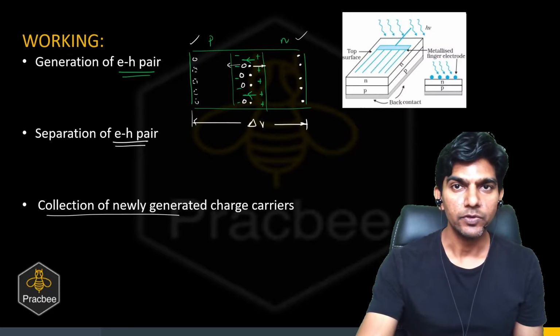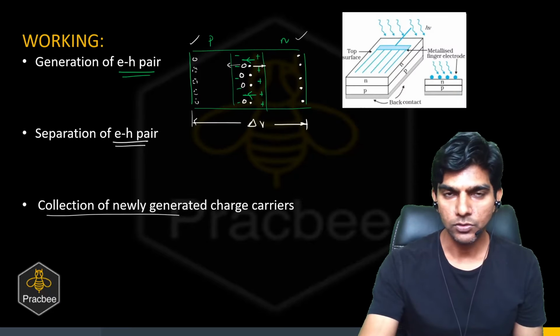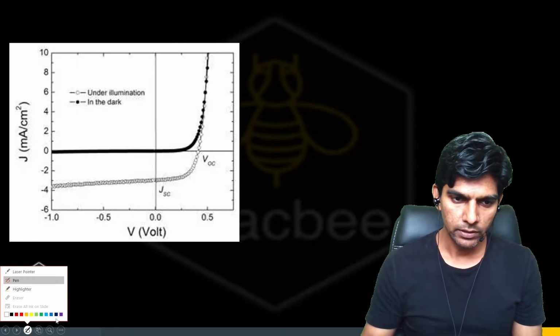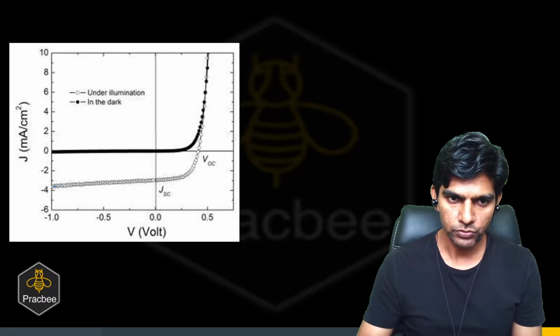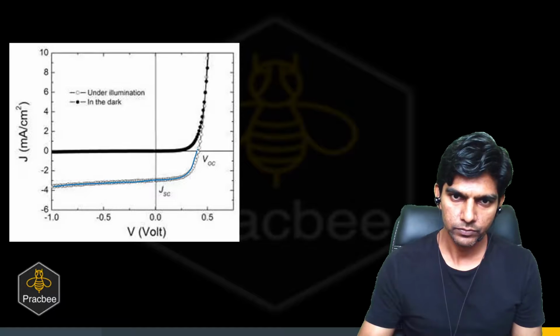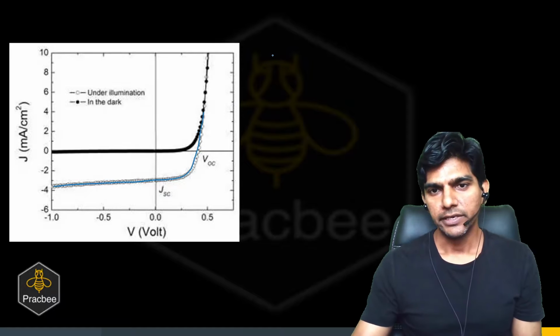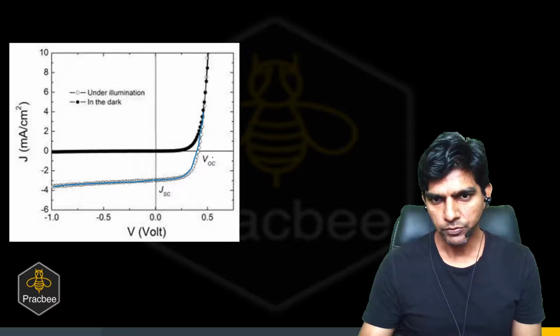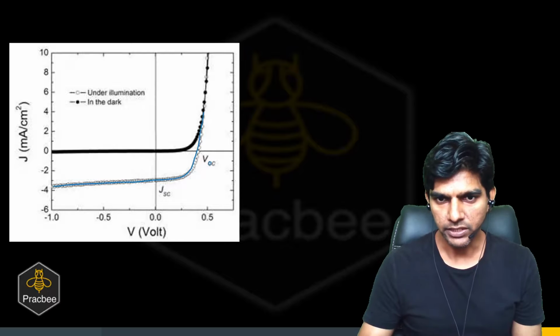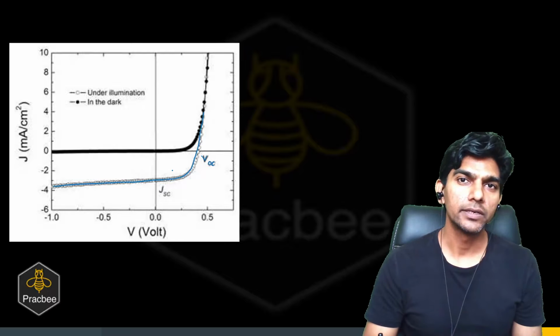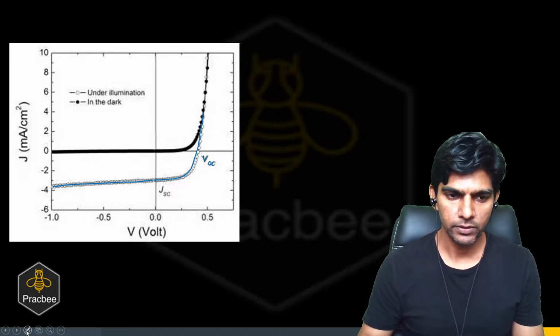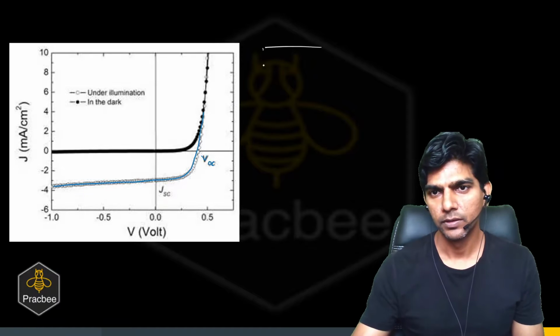Now let us see what is the VI characteristic of a solar cell. Let me explain, and let me show this with a blue color. Can you see we have written here VOC. VOC is the open circuit voltage. What is open circuit voltage? If we have a solar cell, this is the depletion region.